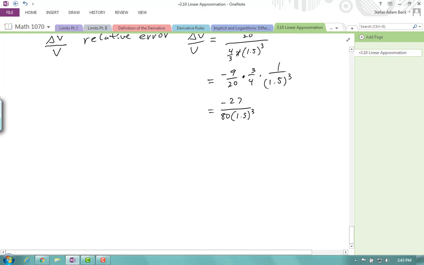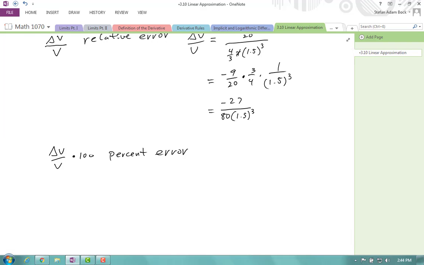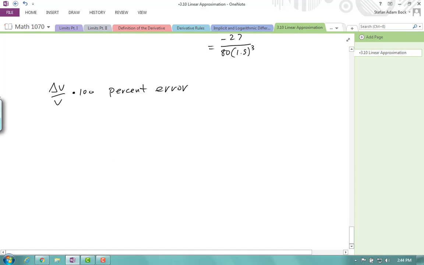And then there is percentile error, delta V over V, multiplied by 100. Which is basically just a different way to say the relative error: you have made a percent increase or decrease from your original. So let's talk about the settings of error in a real problem.